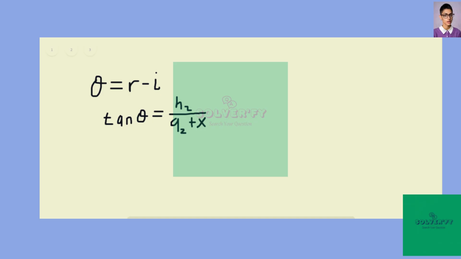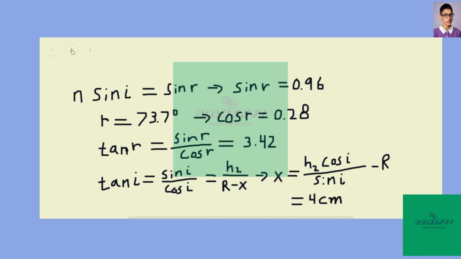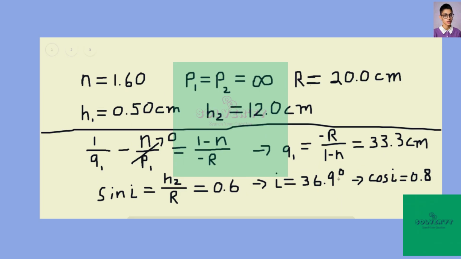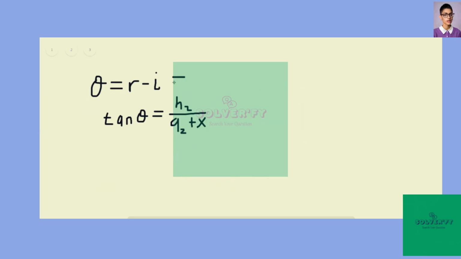Okay? So then we can solve for q2 here because, remember, theta is r minus I, right? So if you go back here, we found that r is 73.7, and we also found over here that I is equal to 36.9. So theta is equal to 36.9 degrees.